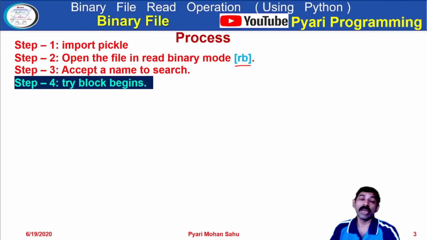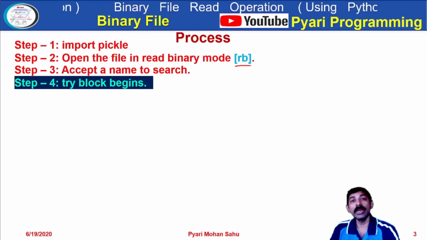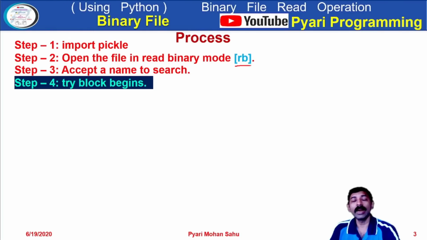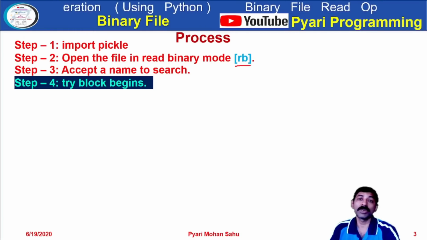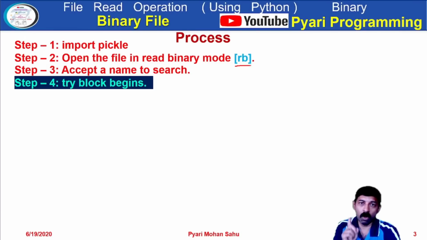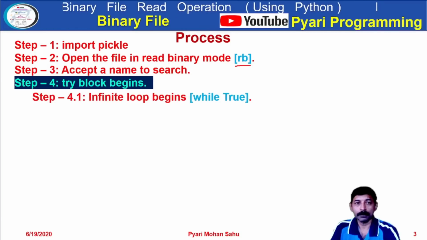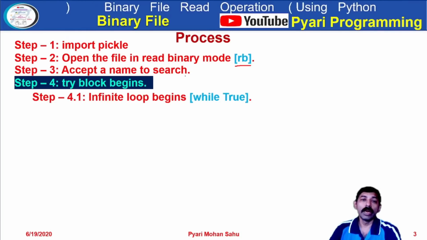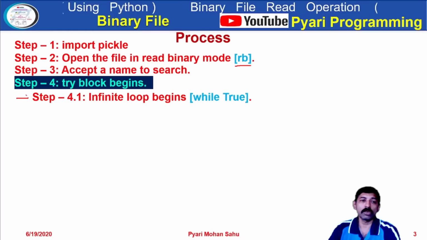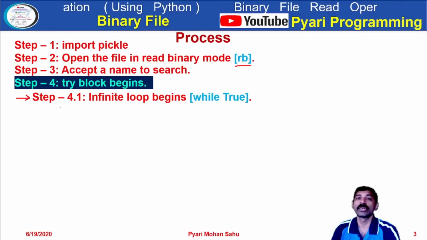When I reach the end of the file, it will generate an EOF exception. In order to avoid that, I will use the exception handler, the try and except block. So I will write all the code inside the try block, and the code has to be indented, which is why in the process I have also made it indented.